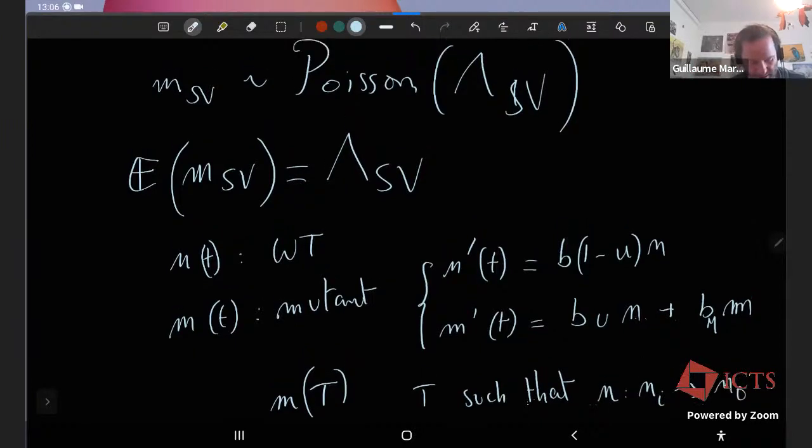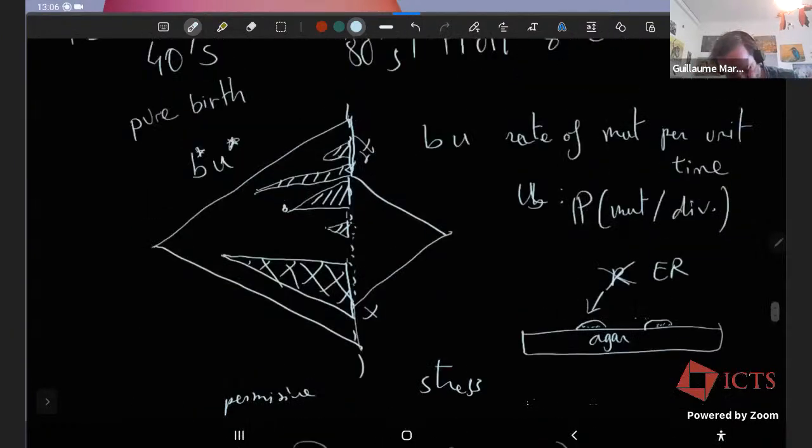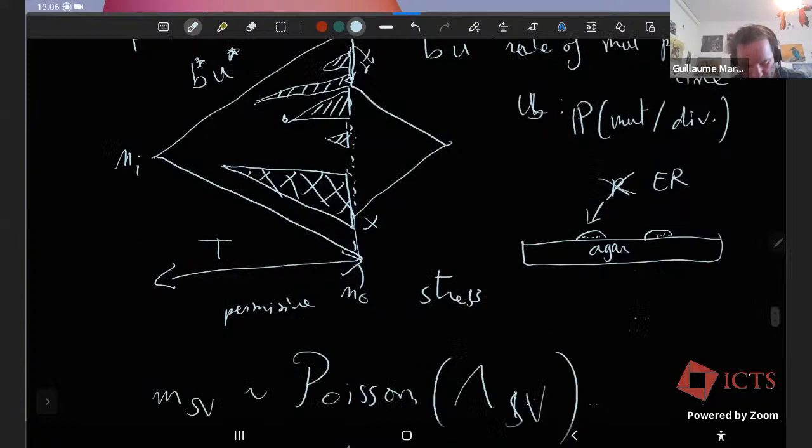So basically, you start from an initial and you finish with N0. And if I did the math right, because there are some errors even in papers that I used in the past.